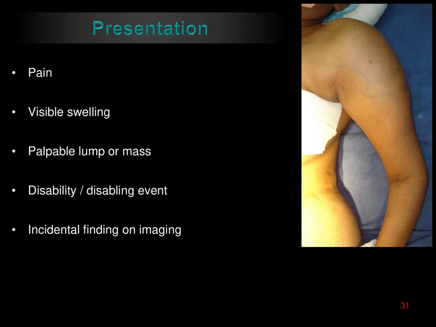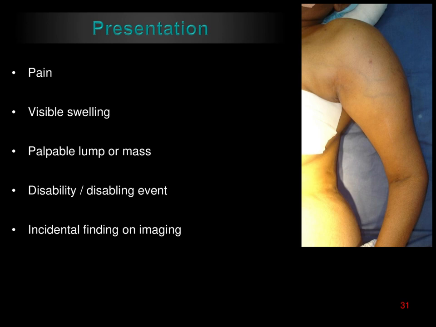Some of them may present with a disabling event, meaning they were managing and suddenly they are unable to do certain activities, or there is a sudden onset of pain and deformity. This happens because of some form of pathological fracture of the bone. And finally, a significant number of them may come with an incidental finding on imaging. Specifically, this is very typical in children, where due to injury some x-ray has been done and they find something else in the bone which they were not looking for.